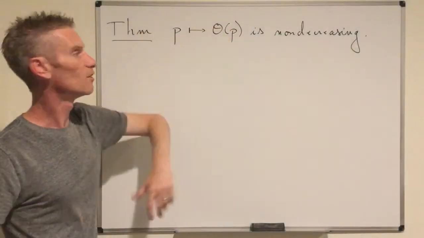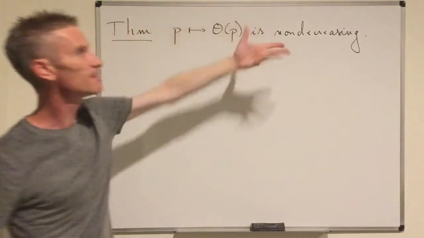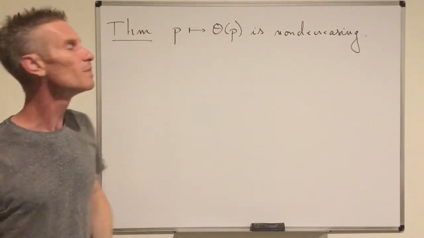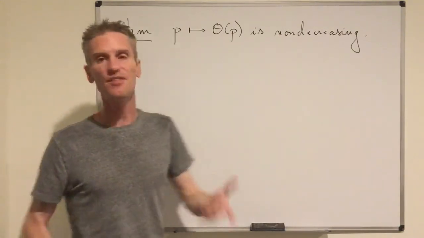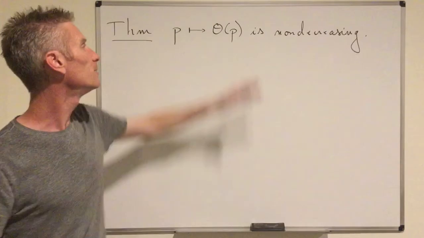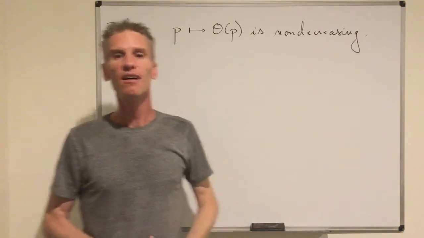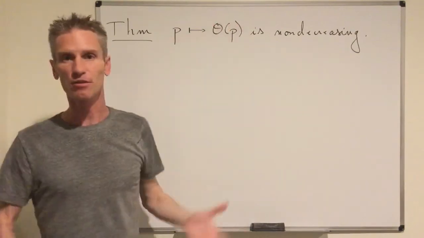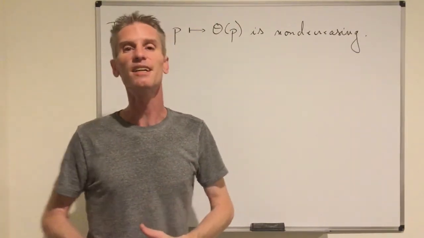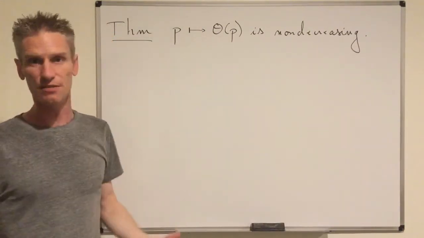So here is the theorem we want to prove. To prove that this function is non-decreasing, what we are going to do is fix p1 less than p2, and we want to prove that θ(p1) is less than or equal to θ(p2). Typically, to prove that a function is non-decreasing, you can just study that function itself. Now, the problem is that the process is too complicated, and in fact, we have absolutely no idea what this function is.